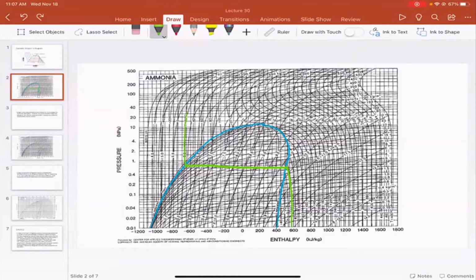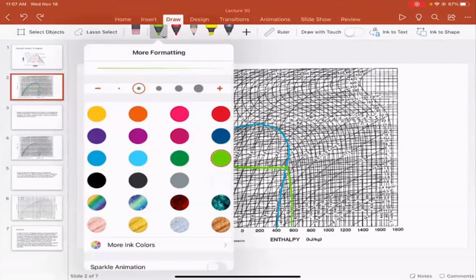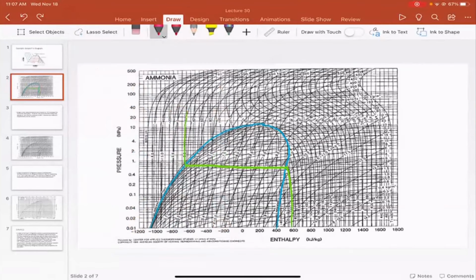The other thing that we're going to find important on this diagram are the lines of constant entropy. And the lines of constant entropy are these, right? So this says the entropy is equal to 11.0 kilojoules per kilogram Kelvin. So here is one line of constant entropy, and there's another one.